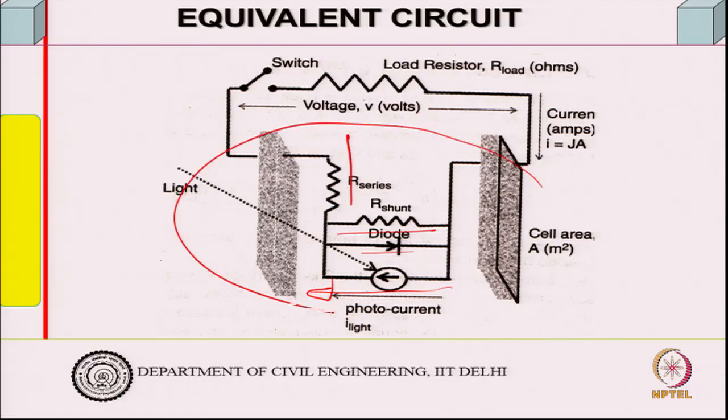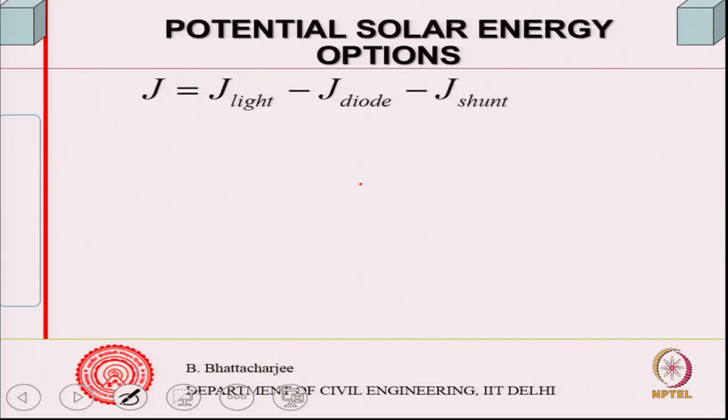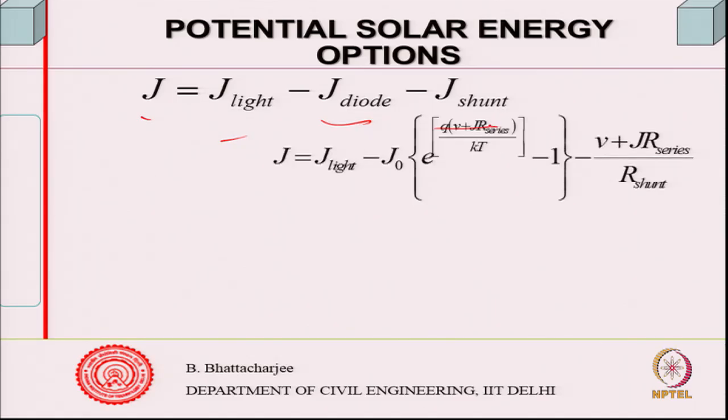So, this system is modeled with a photocurrent, a diode, and a shunt, that is a parallel resistance, as well as a series resistance. One can write it like this: J light, J diode, and J shunt. That is a macro level expression for it. This is the reverse saturation current, and this is the current generated.